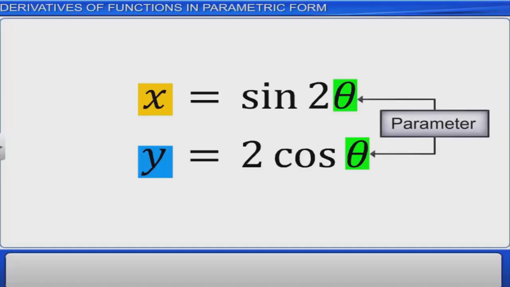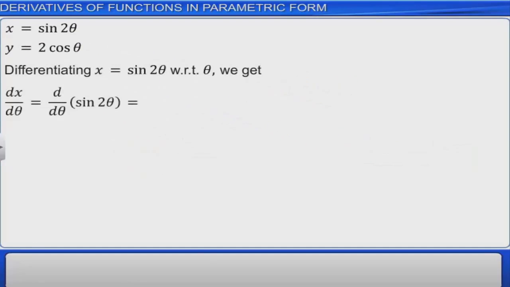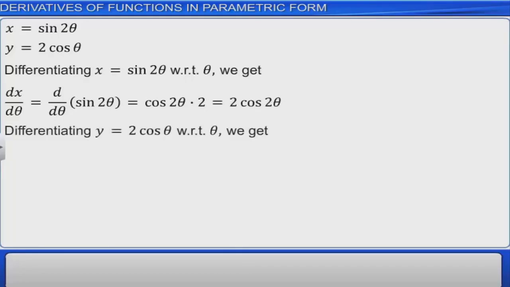Differentiating x is equal to sine 2 theta with respect to theta, we get cos 2 theta into 2, which is equal to 2 cos 2 theta. Differentiating y is equal to 2 cos theta with respect to theta, we get 2 into minus sine theta, which is equal to minus 2 sine theta.